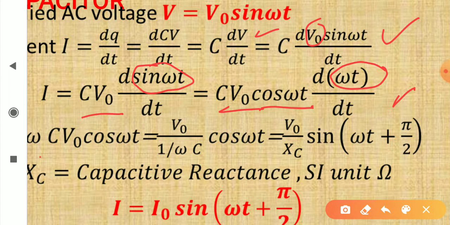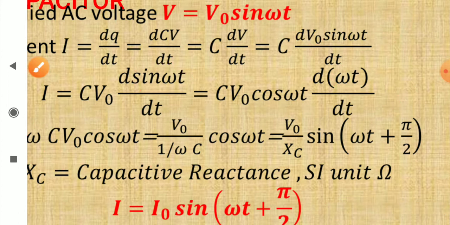So you will get omega CV naught cos omega t. Now I can write this as V naught upon 1 upon omega C, cos omega t. And look at it.